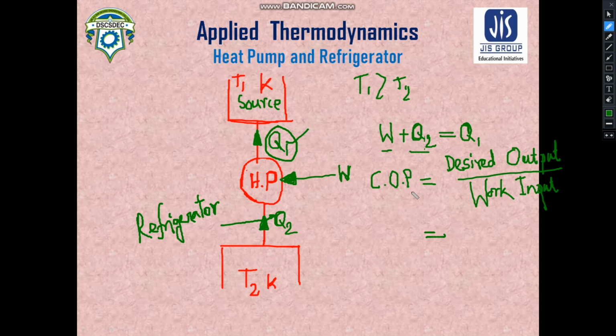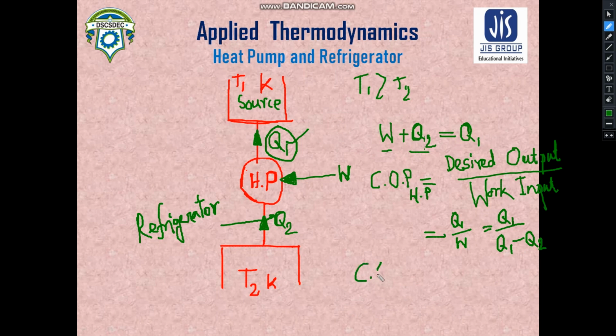So while defining this COP, if we define the COP of a heat pump, then it will be defined as Q1 divided by W. Okay, so W is equal to Q1 minus Q2. This is very simple.